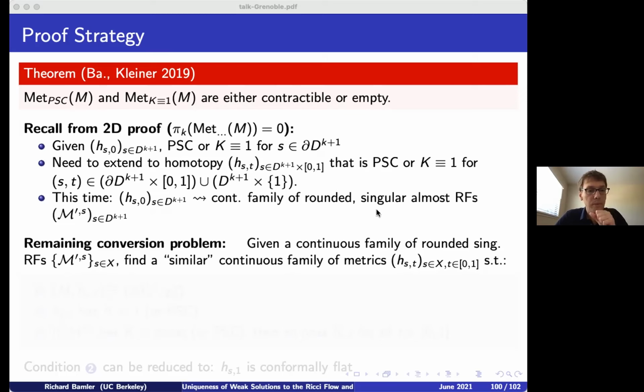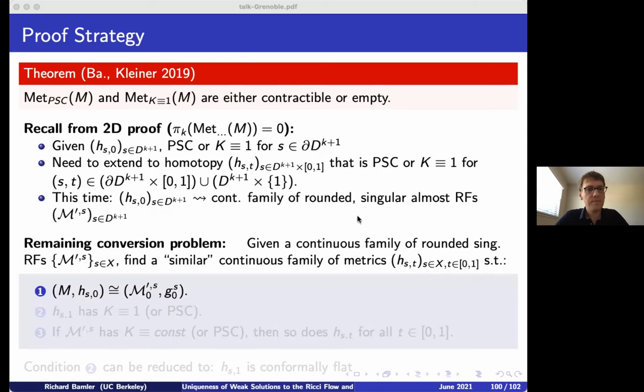So what do we want to be true? Well, we want the initial condition to be the same. Okay, so that would just guarantee that we're really starting from the metrics that we're given. We also want this property that these metrics have constant curvature or are round whenever (s,t) is in this subset.